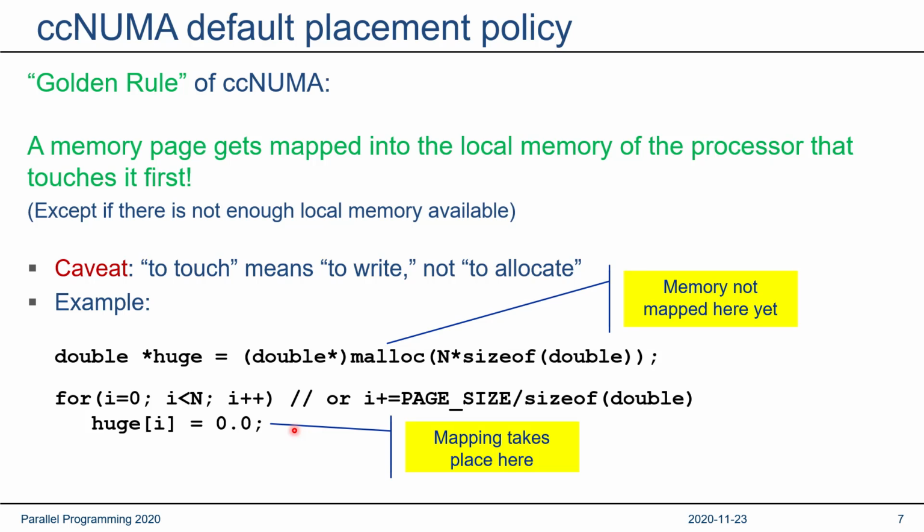And then after the kernel has done its job of placing the page, it returns to the main program, the first item is written, and then starting with huge of 1, huge of 2, huge of 3, all the following items can be written without any problems, without any additional page fault, because the page has now been mapped.